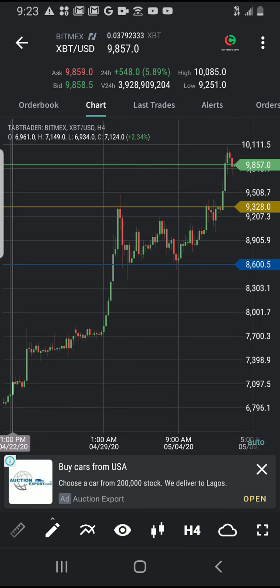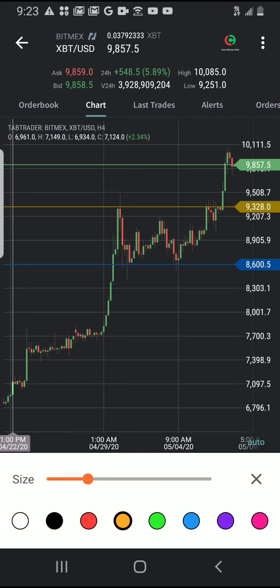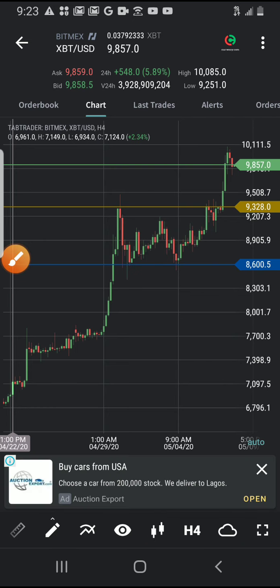See, this coin dropped from here down to here, bounced back, dropped, bounced back, dropped, bounced back. It's telling you that it's preventing it from going below. The 8586 region is actually a support level.